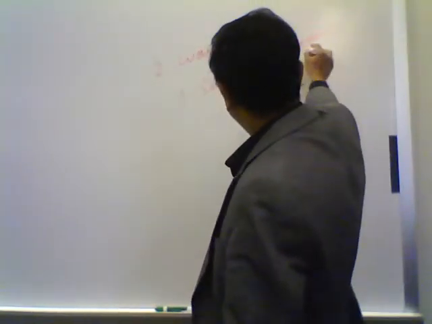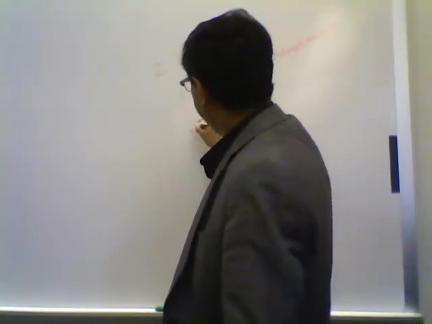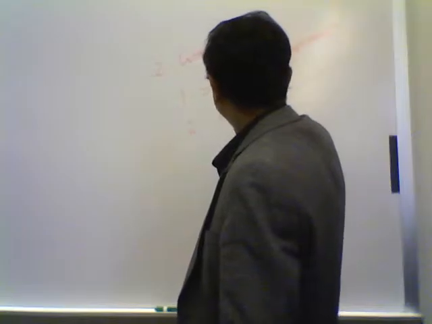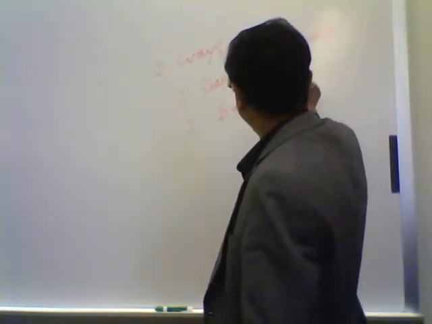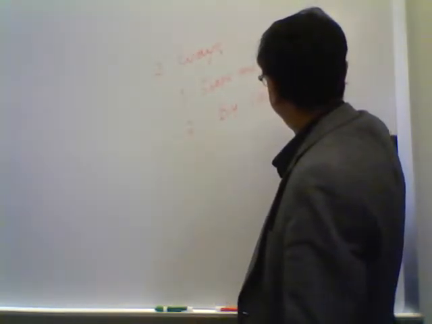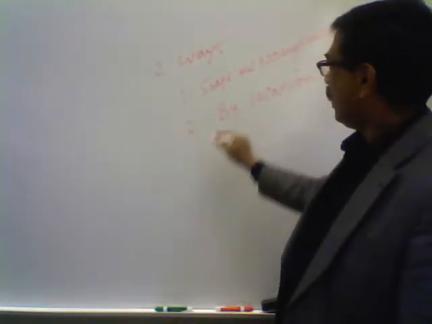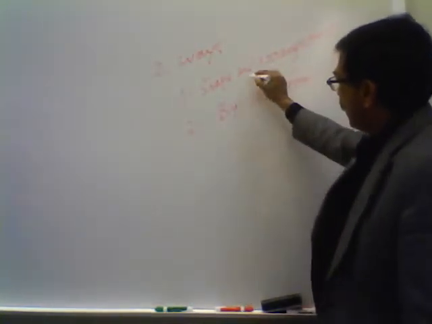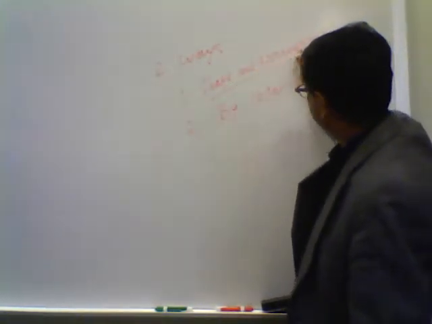That is one way we classify. Number two, by location, where they are located. Okay, by their location. So first, we'll see how we classify the epithelial tissue based on their shape and arrangements.